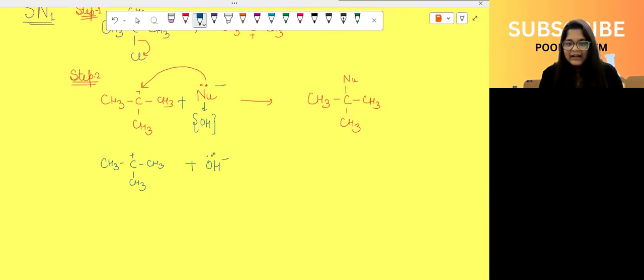Please keep in mind, the arrow will go from the lone pair to the positive charge, and will attach to give CH3, C, CH3, CH3, OH, right? Plus Cl negative is released.